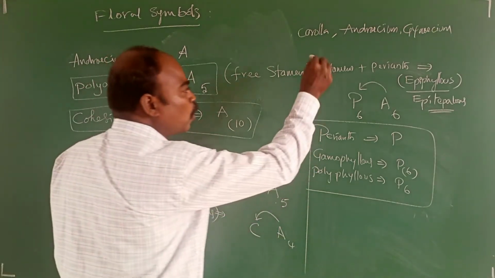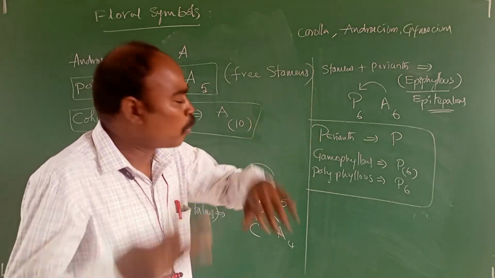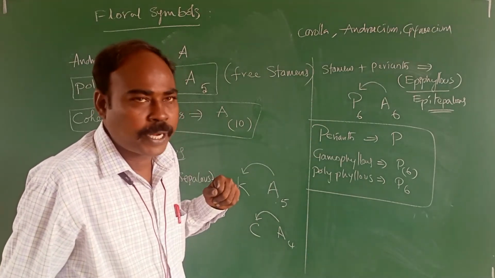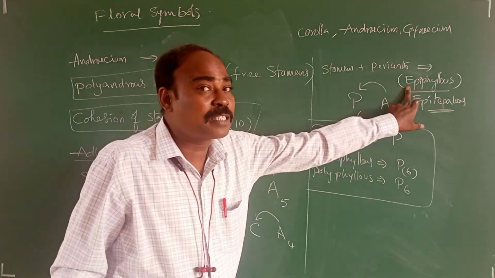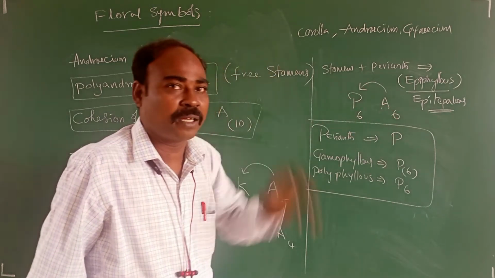So we have gamosepalous, polysepalous, gamotepalous, polytepalous. But epitepalous means the stamen is adnate with the perianth.